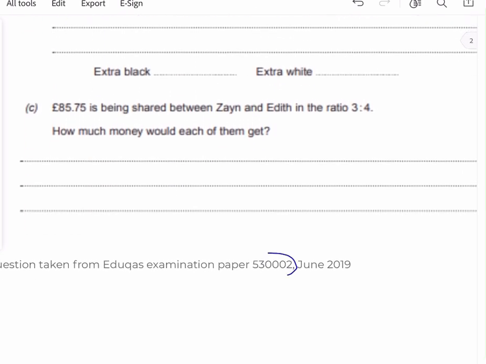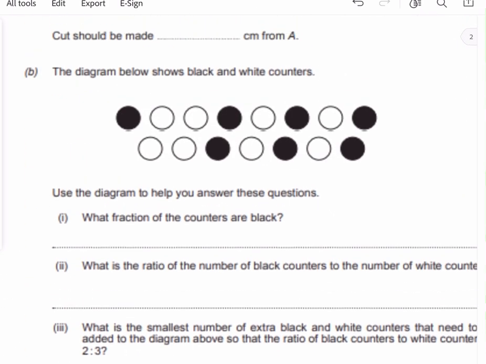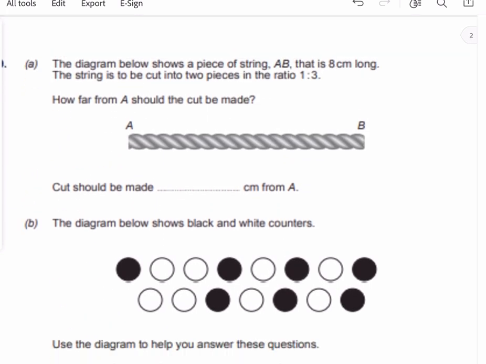Next question. The next questions are taken from calculator paper. Let's have a look at the first one. The diagram below shows a piece of string AB that is 8 centimeters long. The string is cut into 2 pieces in a ratio 1 to 3. That means the second part will be 3 times longer than the first one. So altogether we've got 4 parts. We can imagine it dividing that string into 4 parts. That's 1 part, that's 3 parts.